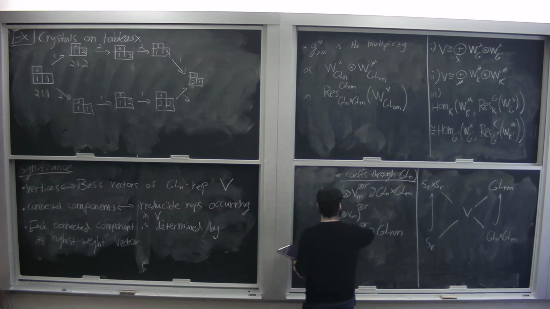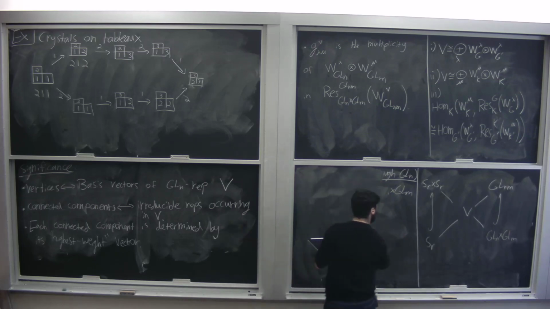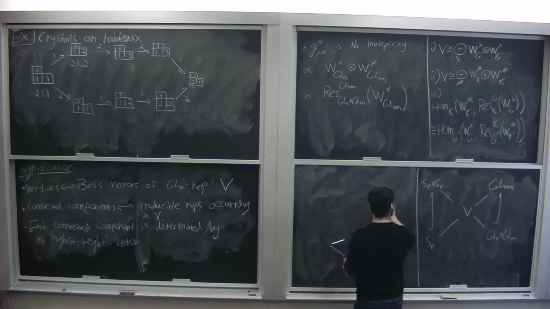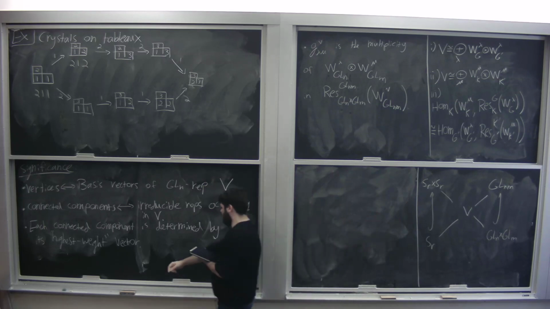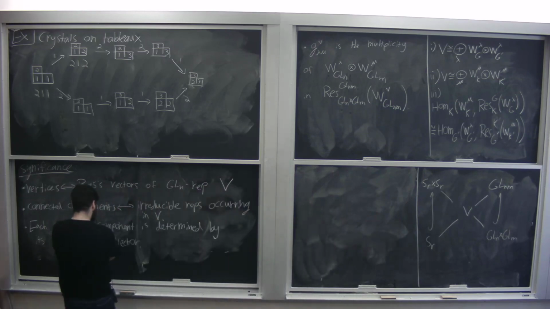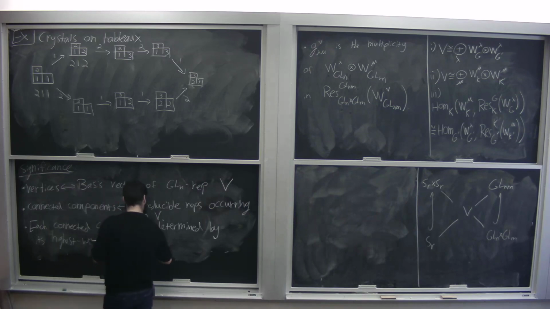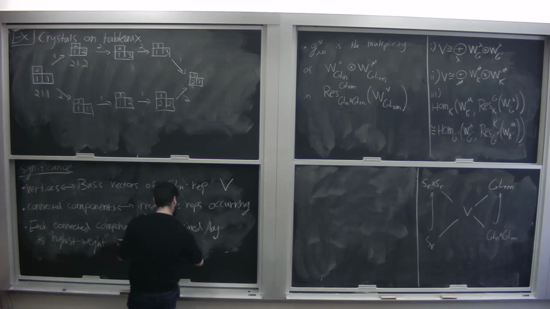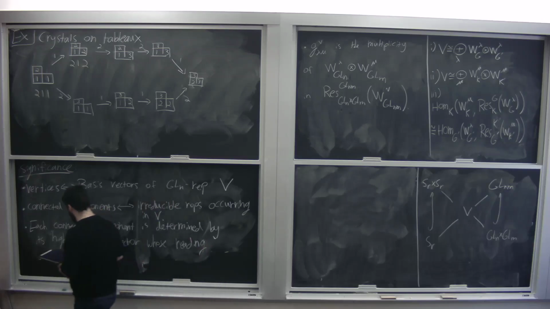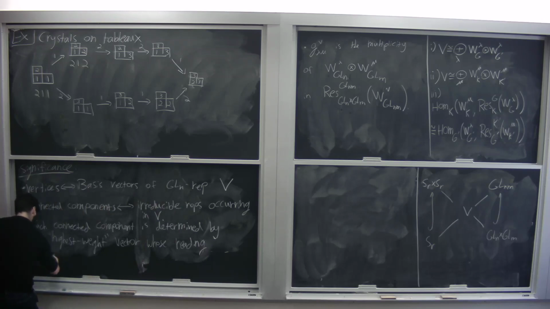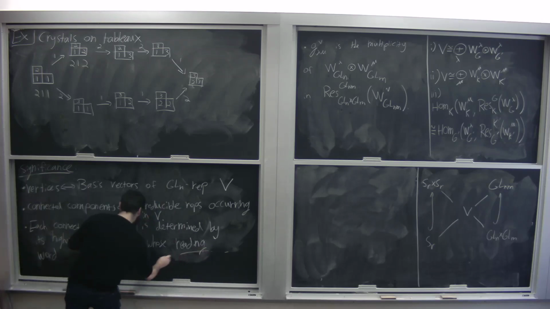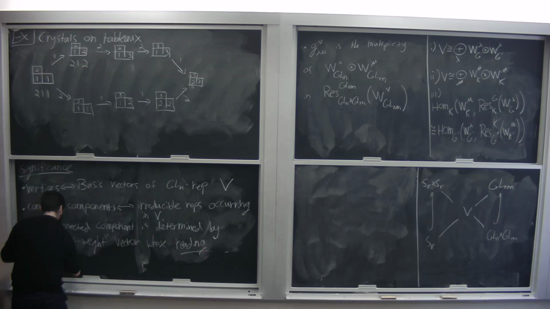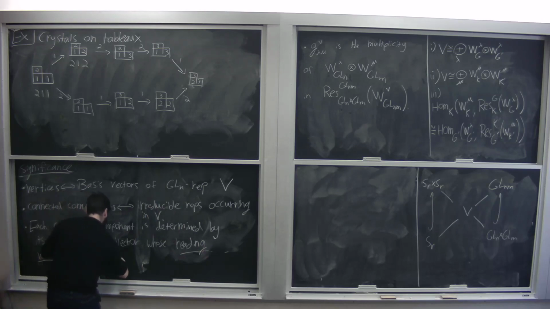So I want to say one more word about this highest weight vector. Its reading word has a property called Yamanouchi.